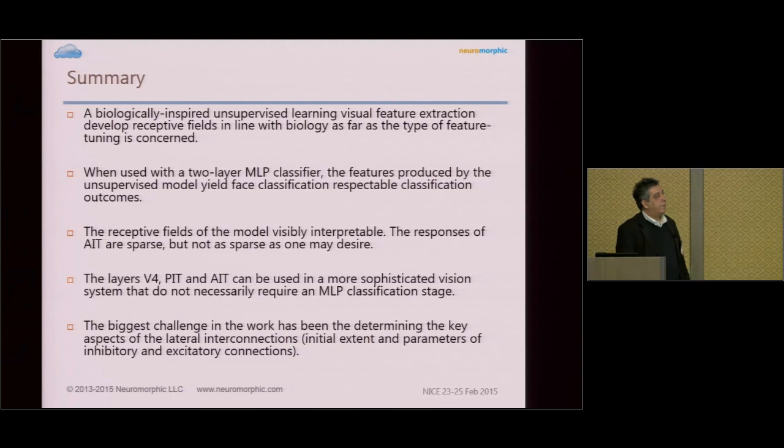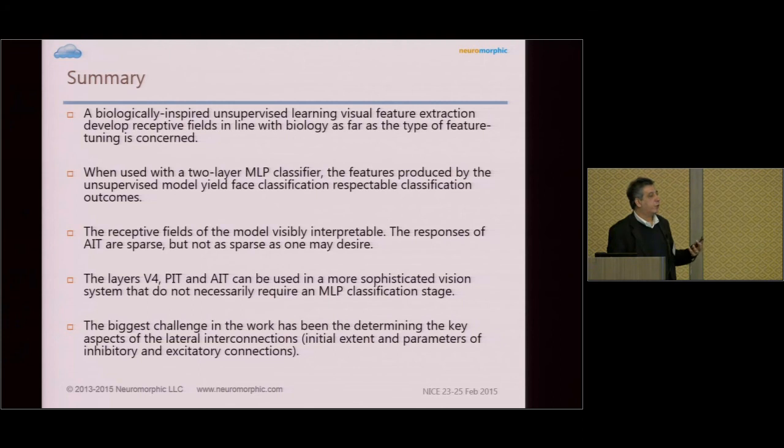property of this model. The responses of AIT are sparse, but they are not as sparse as we would like them to be, and this is an area that we're looking at in more detail. The actual layers, V4, PIT, AIT, themselves can be used for other types of image processing, as well as machine vision applications, whether it is for segmentation, figure-ground processing, and so on.